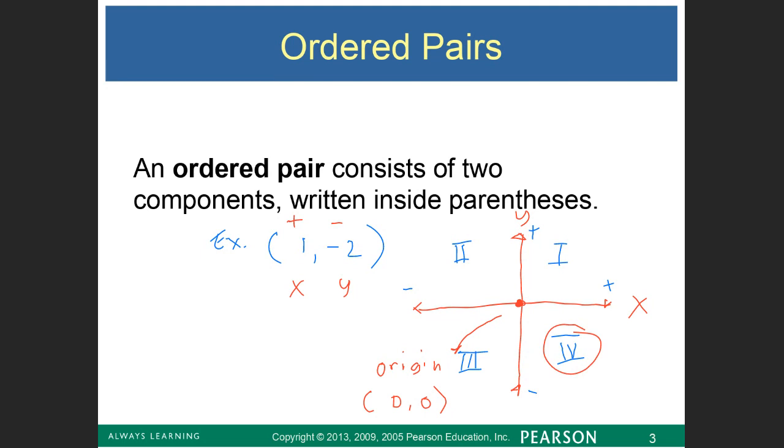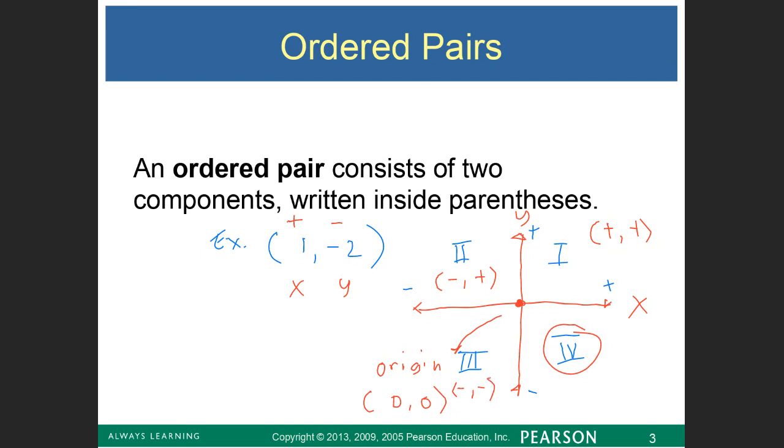Okay, so we can label quadrant 1 when your x is positive and your y is positive. In quadrant 2, your x is negative and your y is positive. In quadrant 3, x is negative and y is also negative.